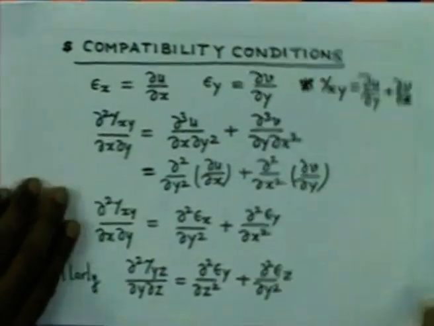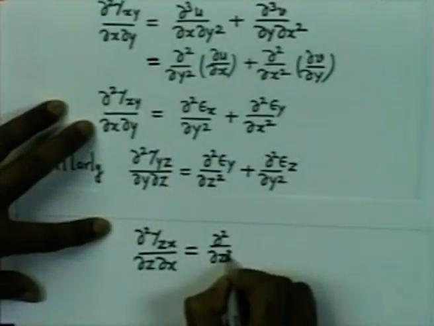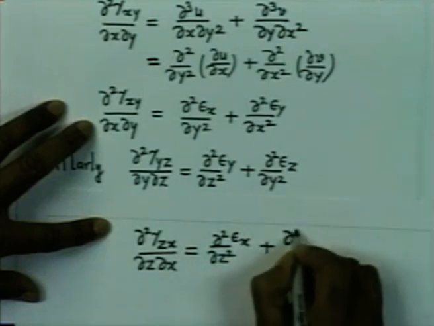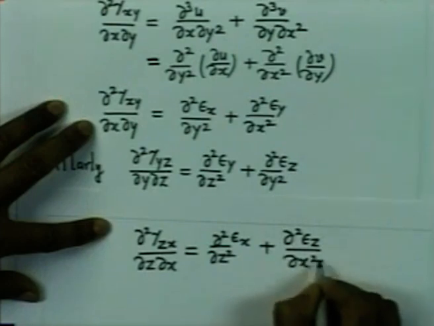So, this is the second strain compatibility condition in 3 dimensions, and the third one we can write as delta 2 gamma zx by delta z delta x is equal to delta 2 epsilon x by delta z square plus delta 2 epsilon z by delta x square.